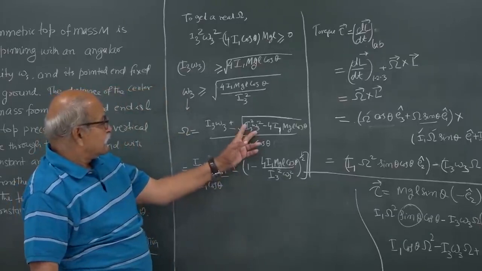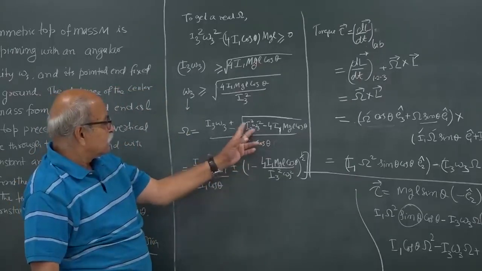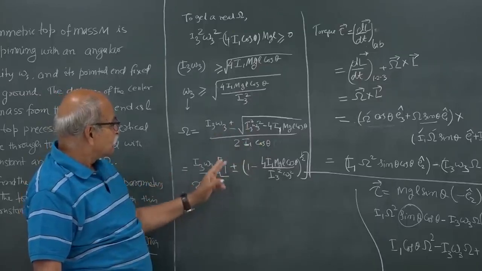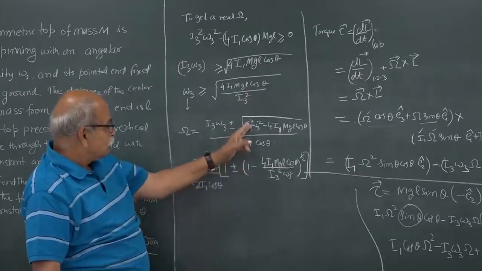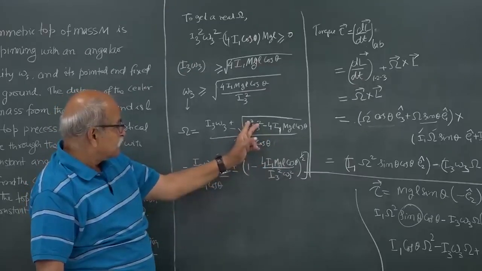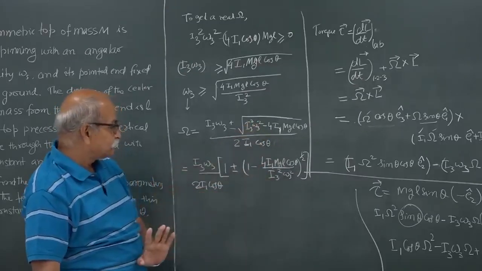So, I am taking this out, and when it comes out, it is I3 omega 3, and that goes here. So, 1 plus minus, and then 1 here, minus 4 I1 mgL cos theta divided by I3 square and omega 3 square.